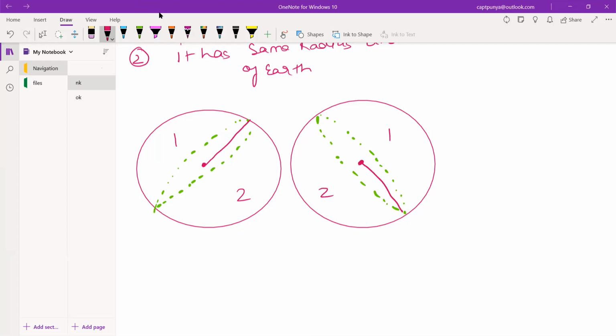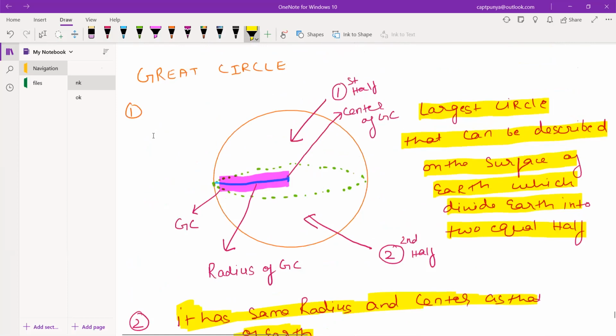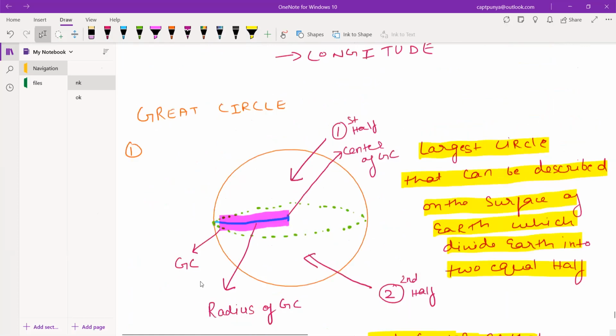So the most important thing that you need to remember is that it has the same radius and the same center as that of the earth, and it is a circle which divides the earth into two equal halves. These are the two main points that you need to remember in terms of great circle.